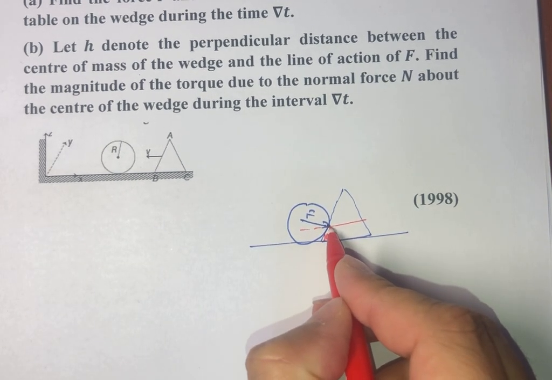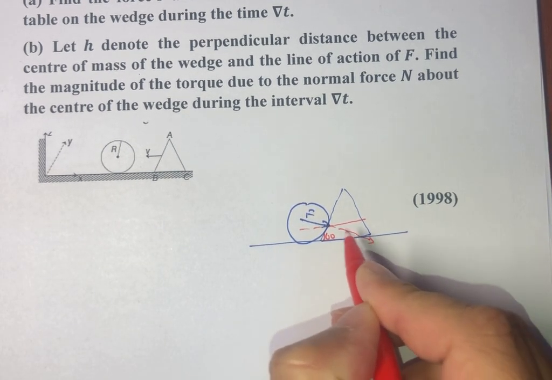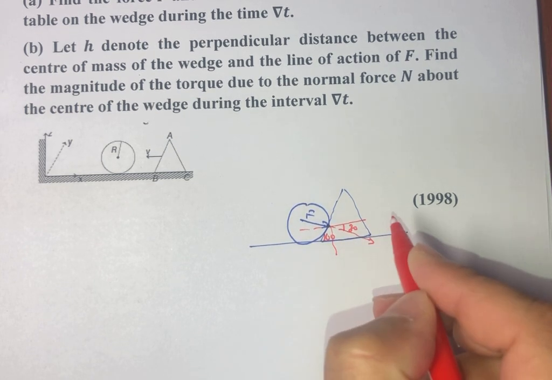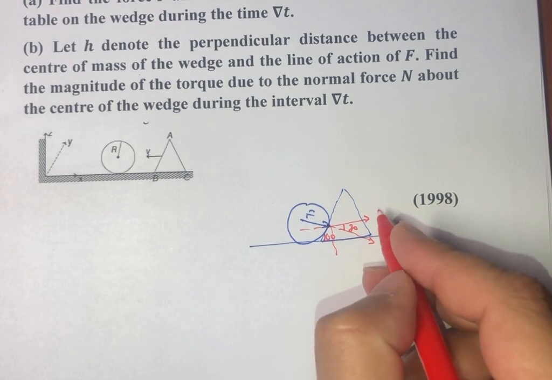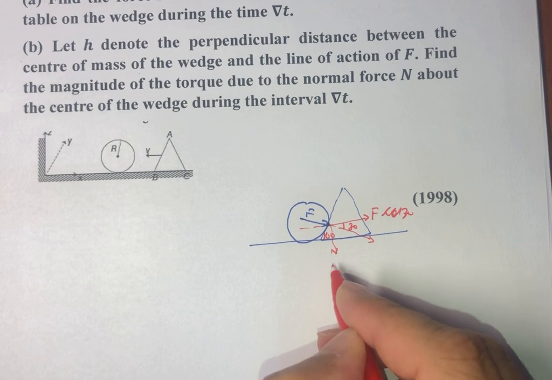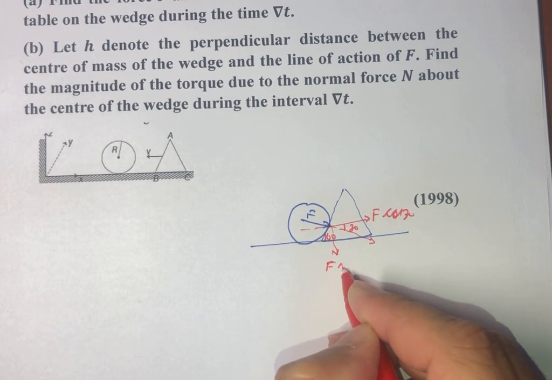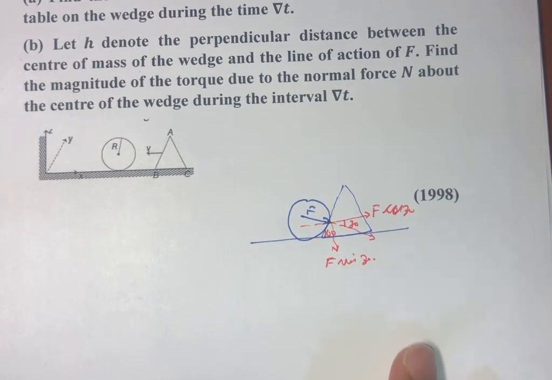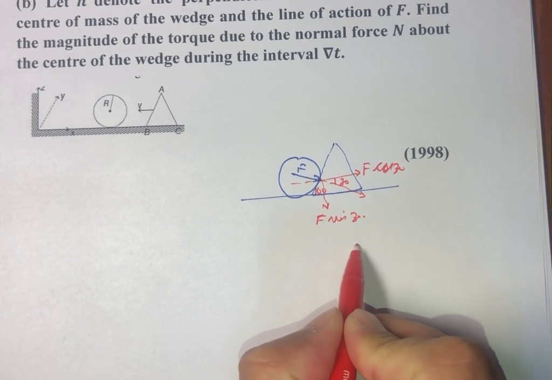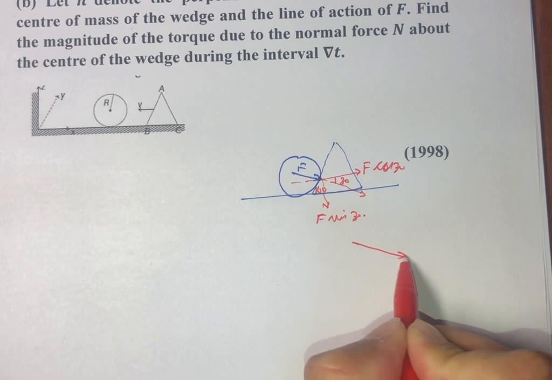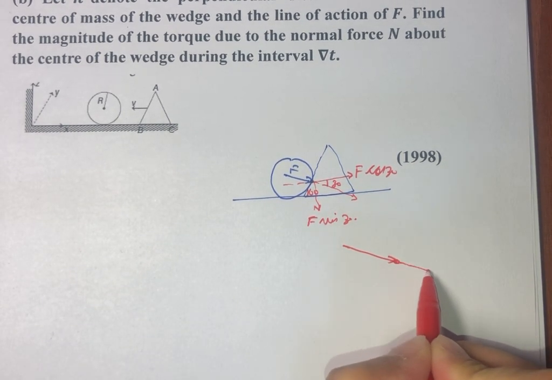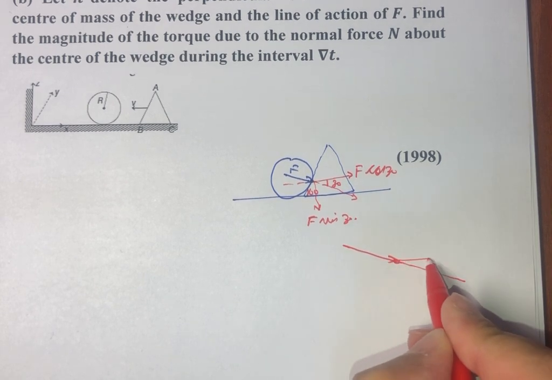And we can draw two components of the force. So this angle will be 30, so we are going to have this as F cos 30, and this will be F sin 30. Okay, let me redraw it here once again. So we have a force F, and this is the point of contact, and it can be divided into two components.